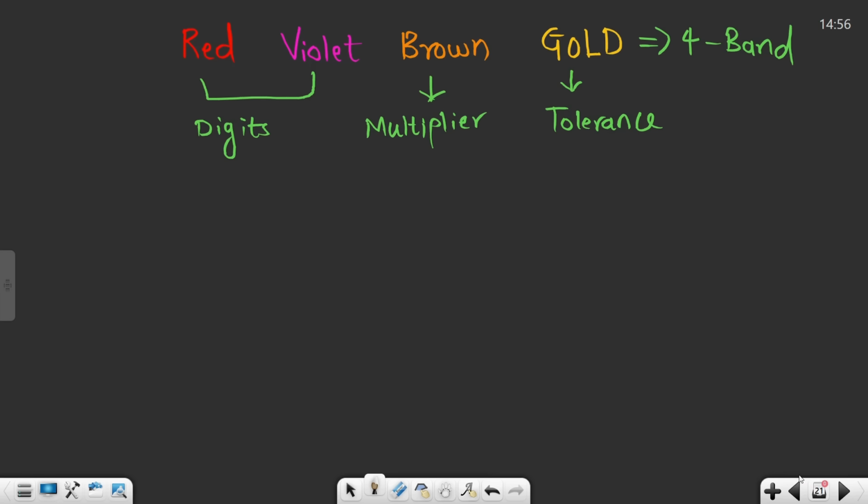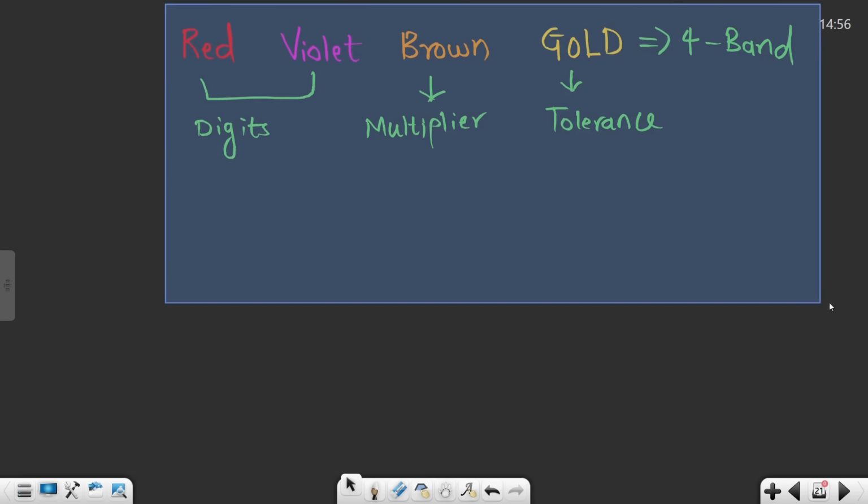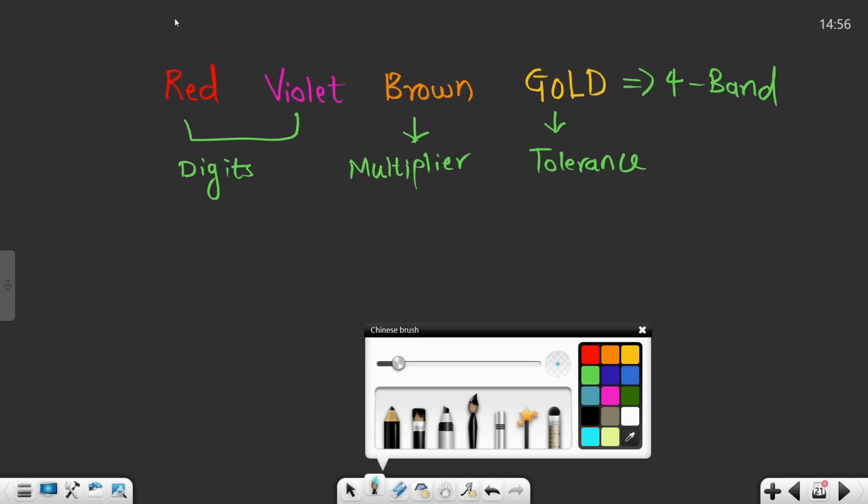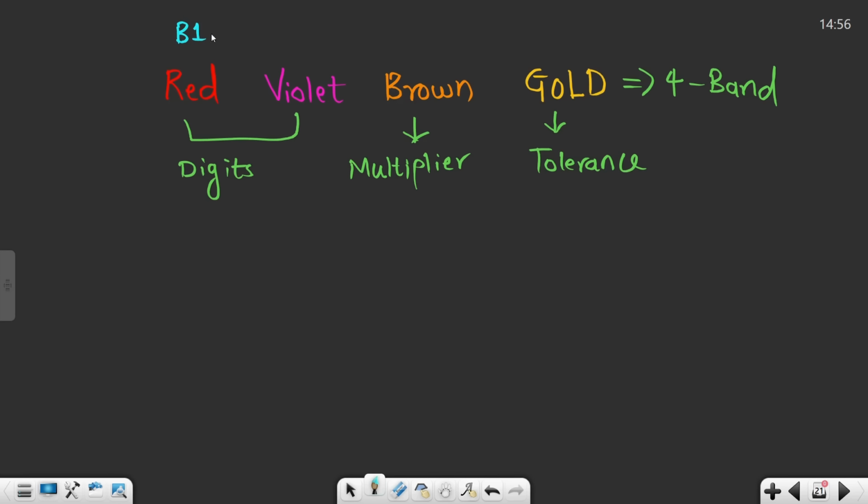So first band is band 1, that is the red one. I'll just move it a little down so that I will be able to show the band numbers as well. So this is band 1, this is band 2, this is band 3, and this is band 4.